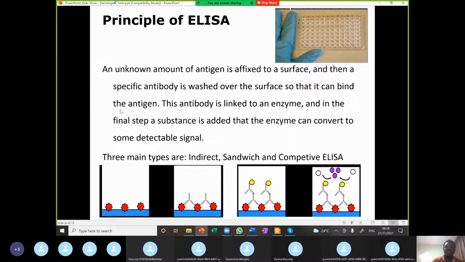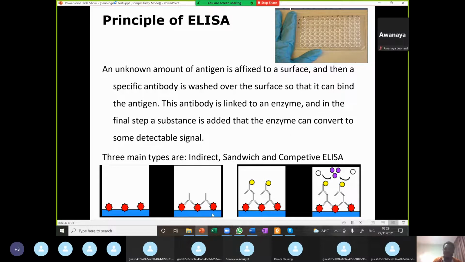So in the specific case of antigen, let me go through with the diagram. This is an antigen. This antigen is fixed to a microtiter plate. A fixed amount of antibodies is added.